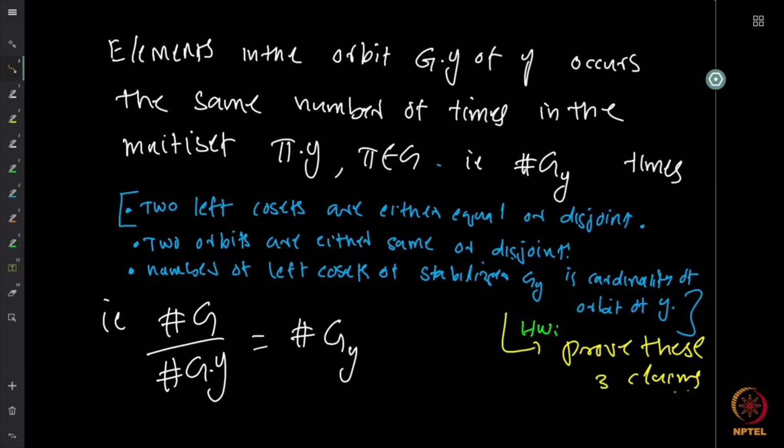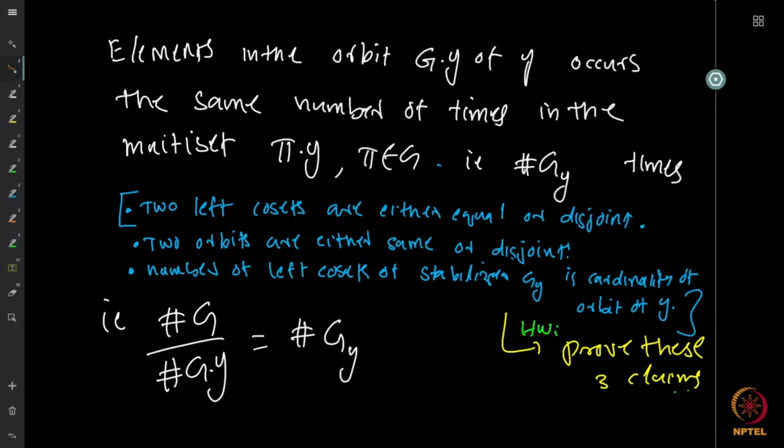Another easy result is that two orbits are either the same or disjoint. Now the number of left cosets of the stabilizer G sub y is the cardinality of the orbit of y. How many elements are there in the orbit? That is the number of left cosets of the subgroup G sub y.